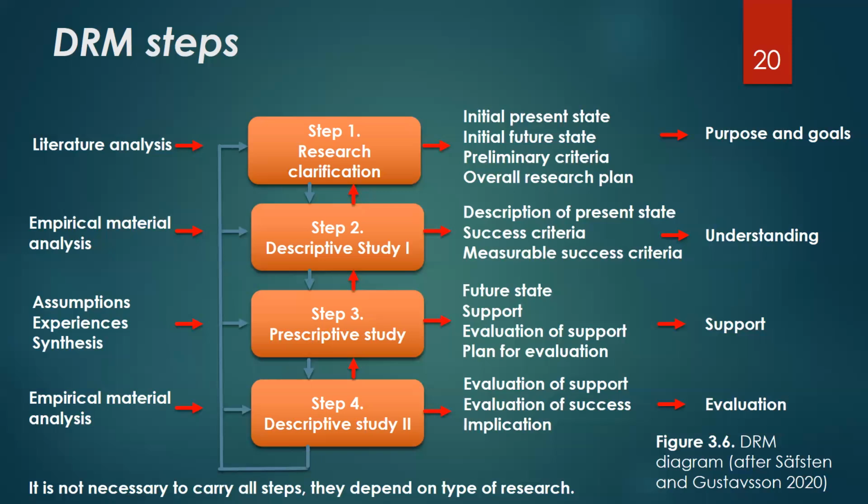So you will always have an initial state, an initial future state, some criteria, and a research plan from the beginning. I think all researchers have done that. Then the more you work on it, the better you understand, and you change the criteria.